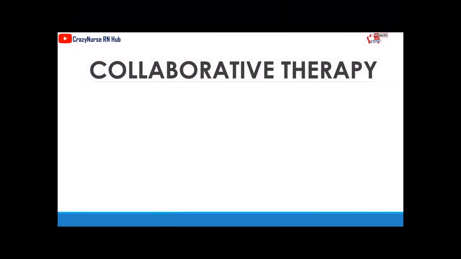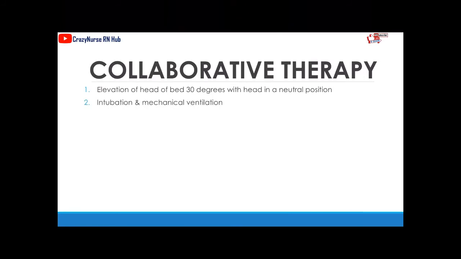For the collaborative therapy, we have to elevate the head of the bed 30 degrees with head in a neutral position. This is to promote drainage of your CSF, thus decreasing the pressure inside your brain. Also, we need intubation and mechanical ventilation if oxygenation is compromised. We also have to monitor the ICP of the patient.